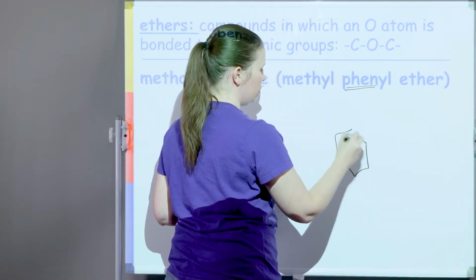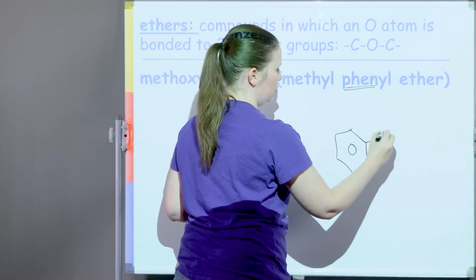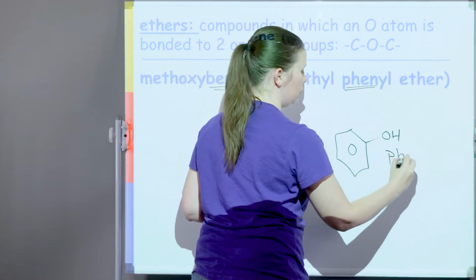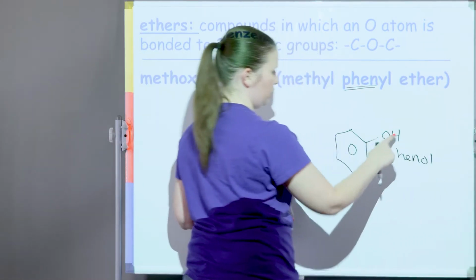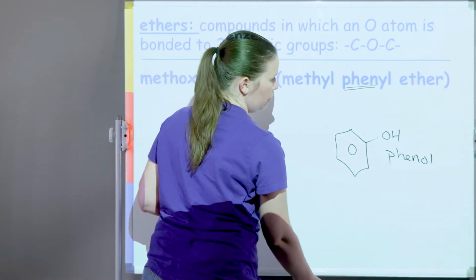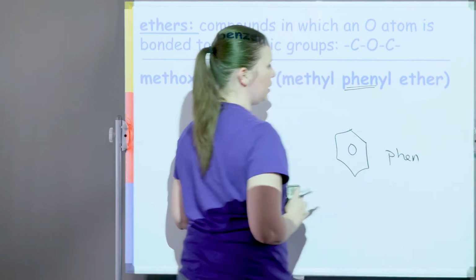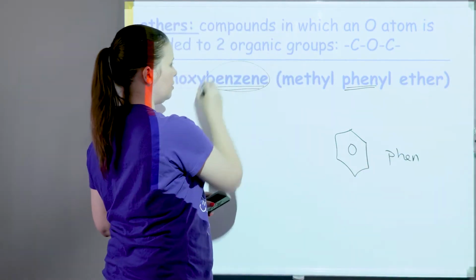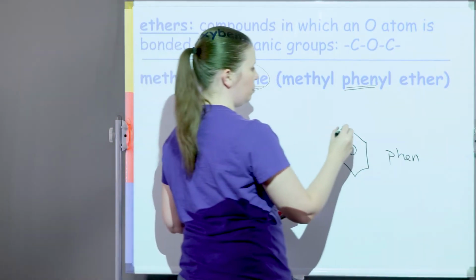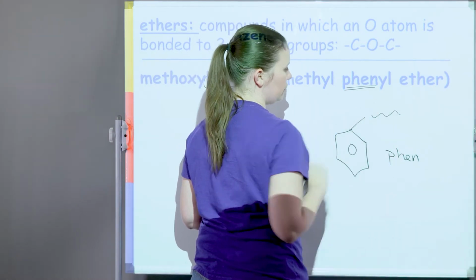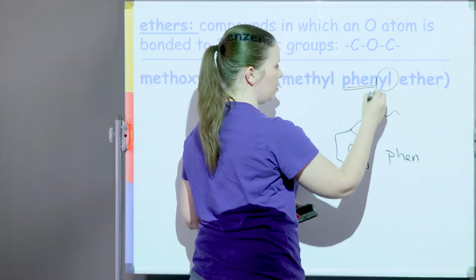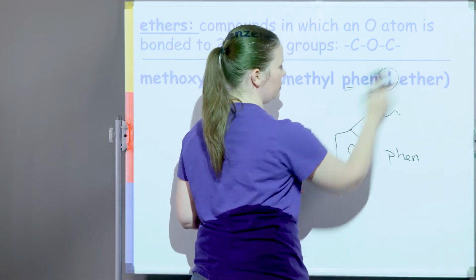Remember, we just looked at phenol, which was where the OH group was attached to benzene. As it turns out, that prefix PHEN actually just means benzene. So if we want a benzene attachment, so something else attached to benzene, then we can say the branch is benzene, phenol.